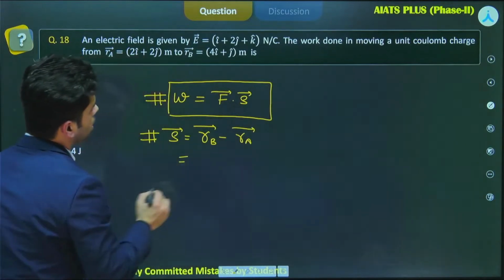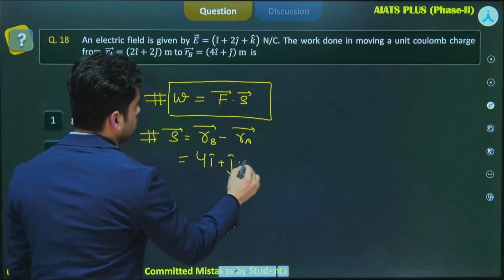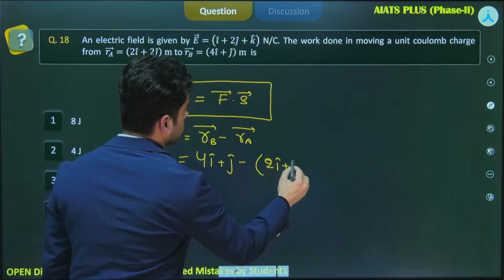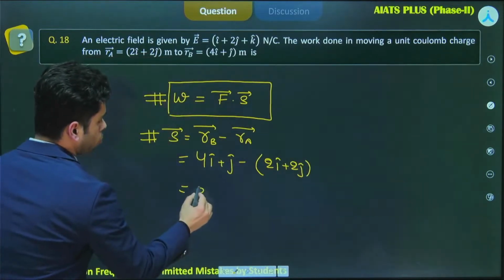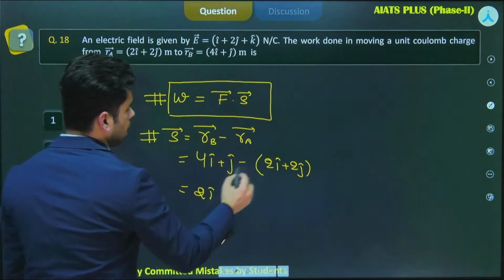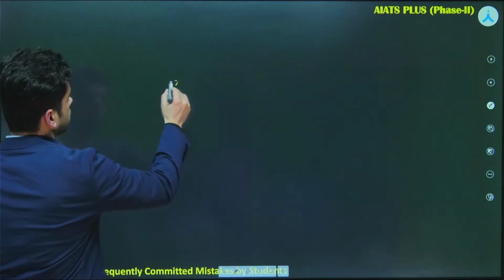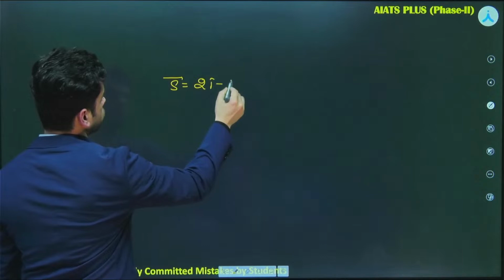So RB is 4i cap plus j cap minus RA, which is 2i cap plus 2j cap. So it becomes 4 minus 2, 2i cap, j cap minus 2j cap is minus j cap. So the displacement vector S is coming out to be equal to 2i cap minus j cap.